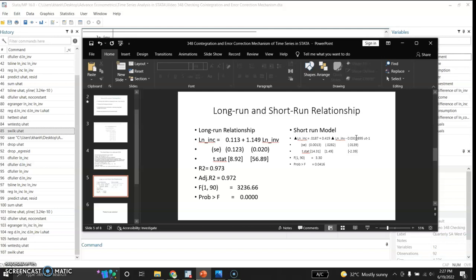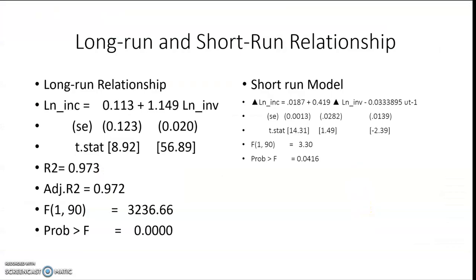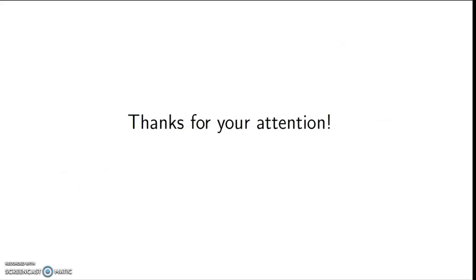This is less than 1 in absolute value, and it is significant. So this shows the speed of adjustment. If there is any discrepancy between the long run and short run equilibrium, then 0.033% of the discrepancy will be covered in 1 quarter's time. So ladies and gentlemen, this is very interesting, and I hope you like it.